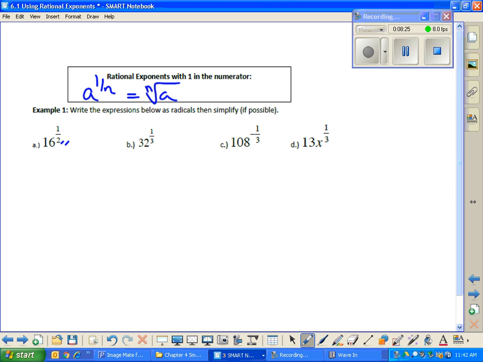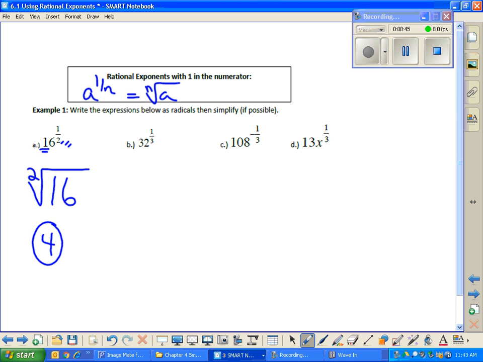That denominator is always going to correspond to the index for your radical expression. Under your radicand, they're going to share that same base. So this is the same as taking the square root of 16. Square root of 16 is 4.